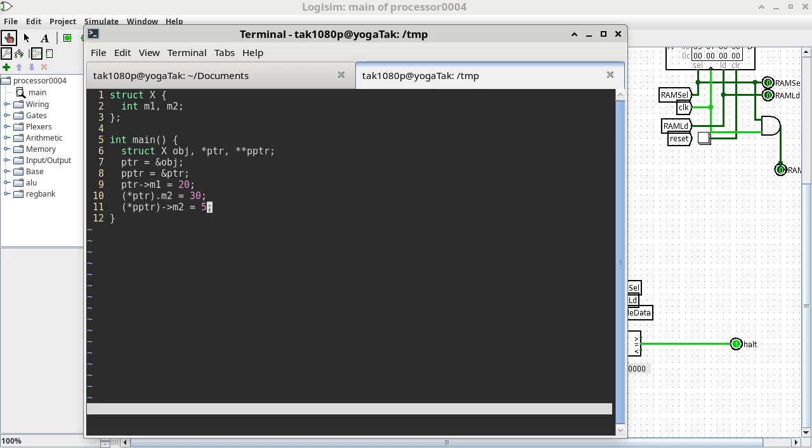If you look at line 11 and you know exactly how to spell it out in English, then you are probably really ready for those topics. So I'm going to give you the answer to this question. Line 11 on the left-hand side of the equal reads as member M2 of the structure that is pointed to by a pointer, which in return is pointed to by pptr.